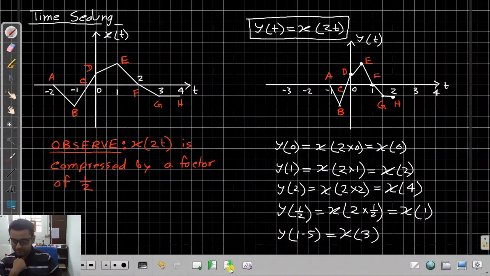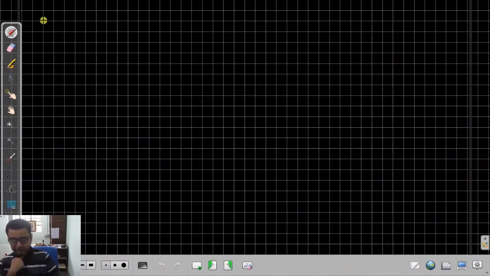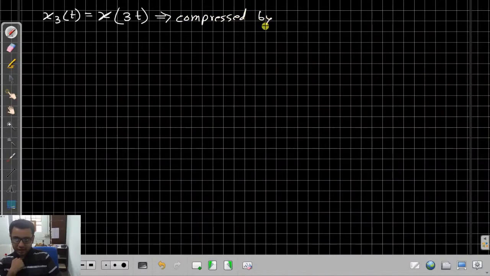Similarly, you may guess now that if I define x3 of t equal to x of 3t, that will be compressed by a factor of 1/3.